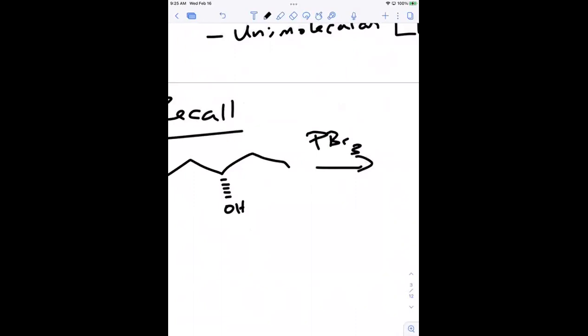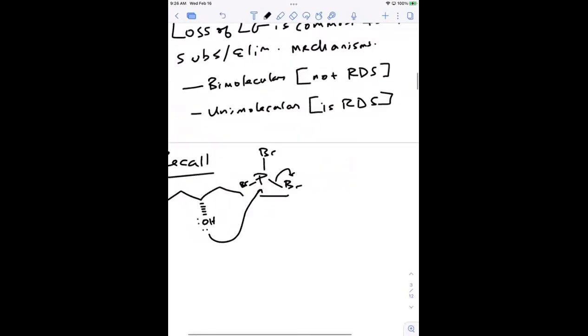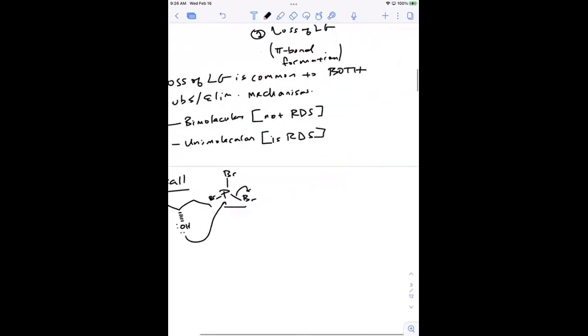So let me draw this out. We have an attack on PBr3 by the alcohol. Is that right? Oh, yeah. This is going to attack here, and you're going to lose one of your bromines, right? So that's going to set up this intermediate.